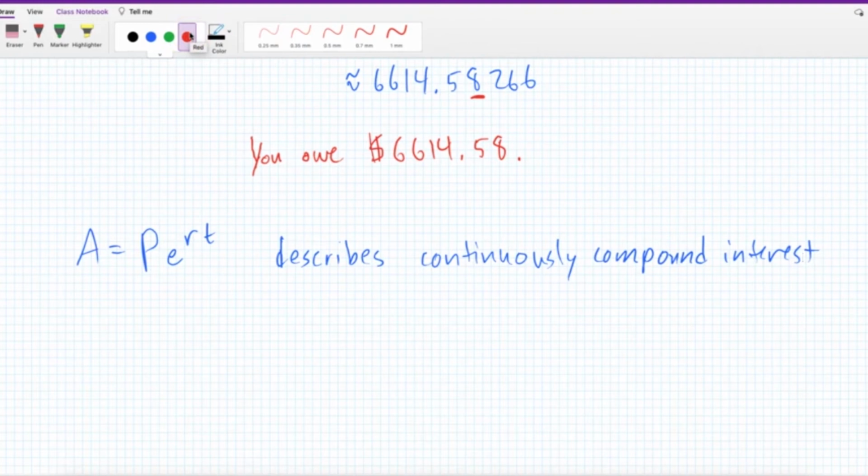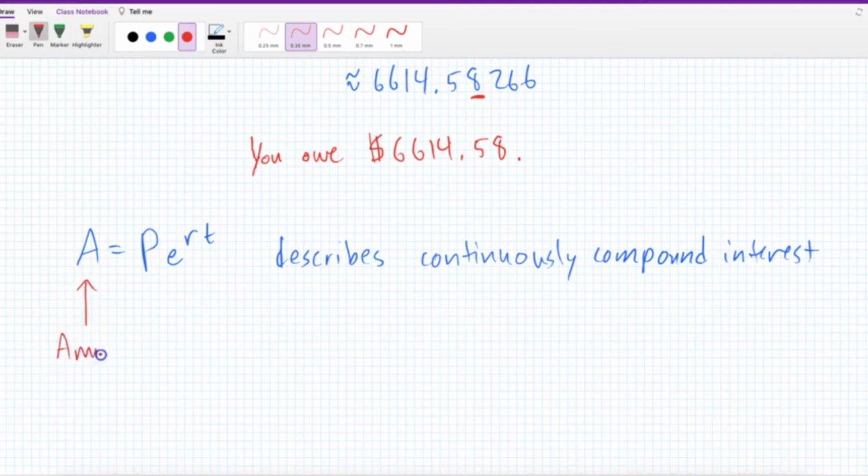You've said it never stops compounding, therefore it's always compounding, and therefore there are infinitely many times it compounds. So when you have infinitely many compoundings, you end up with this as your formula. Everything still has the same meaning.